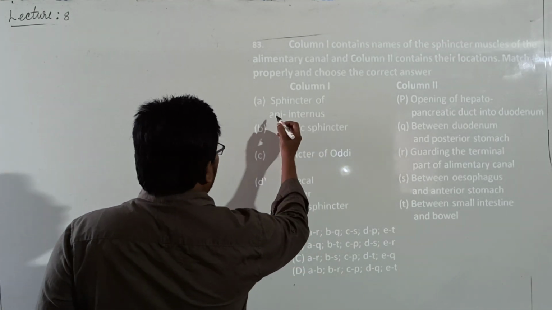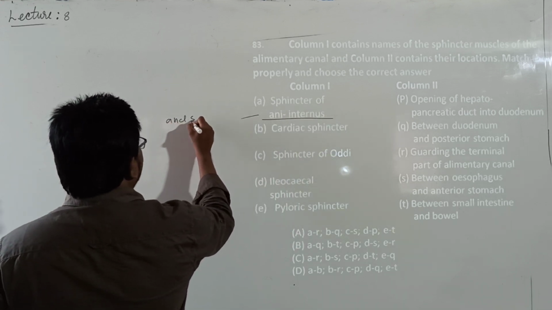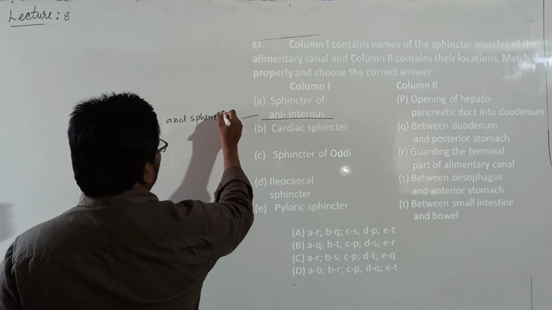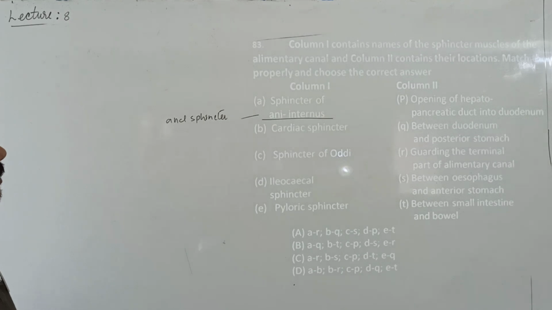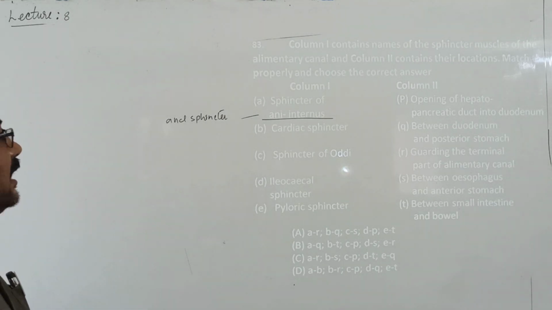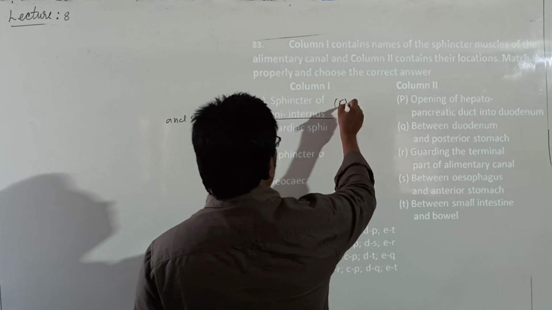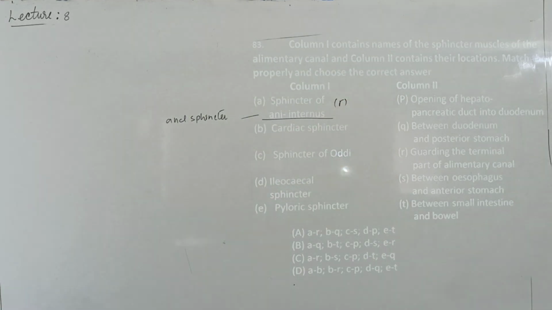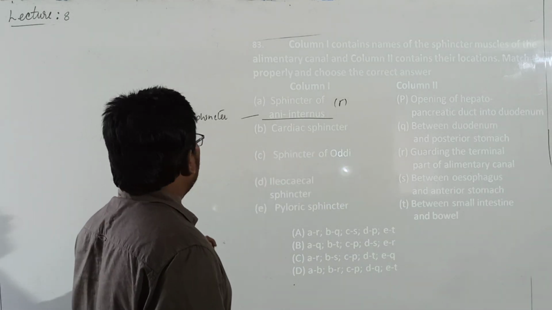The anal sphincter is present at the end, so it will be the one guarding the terminal part of the alimentary canal.